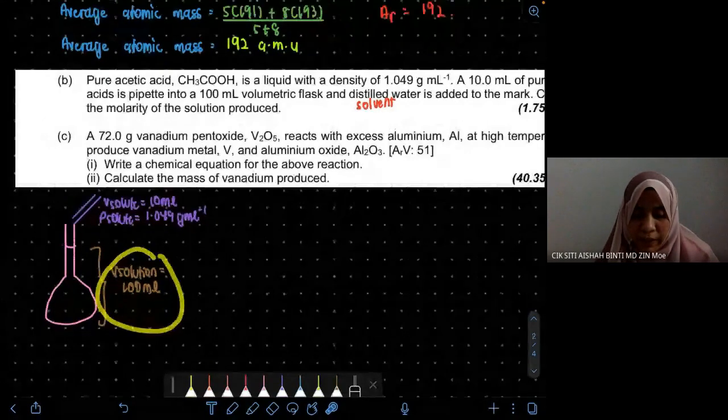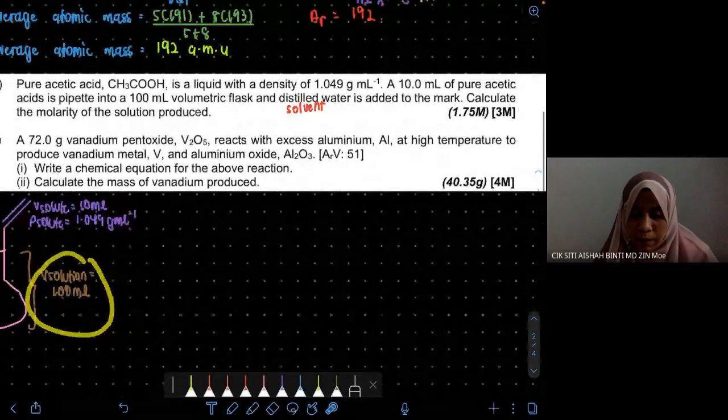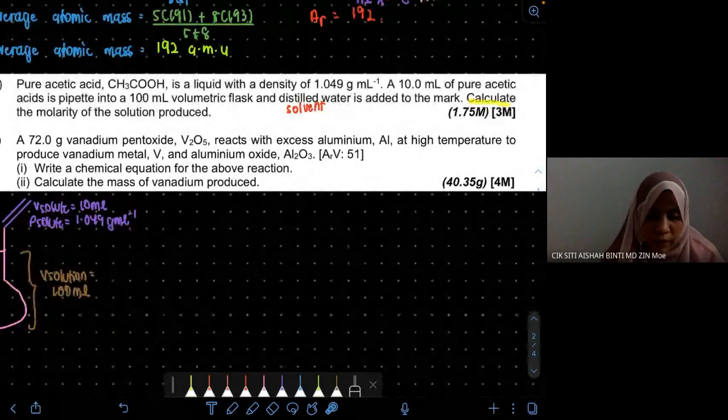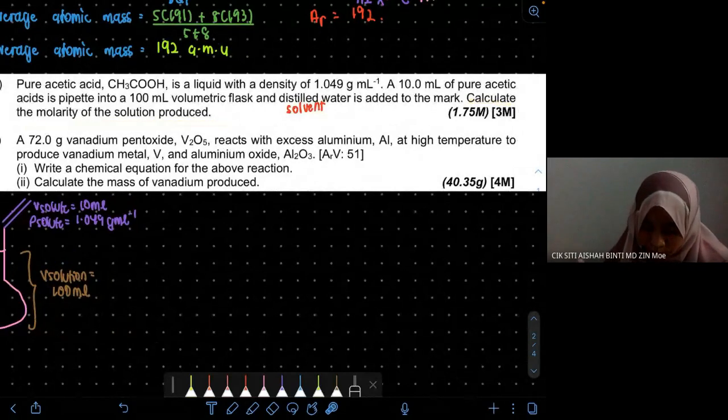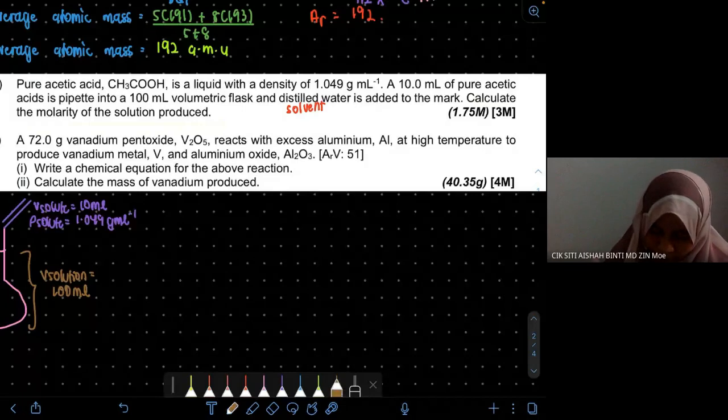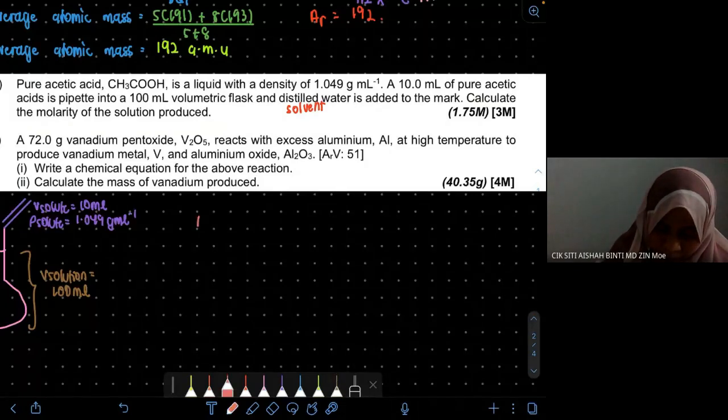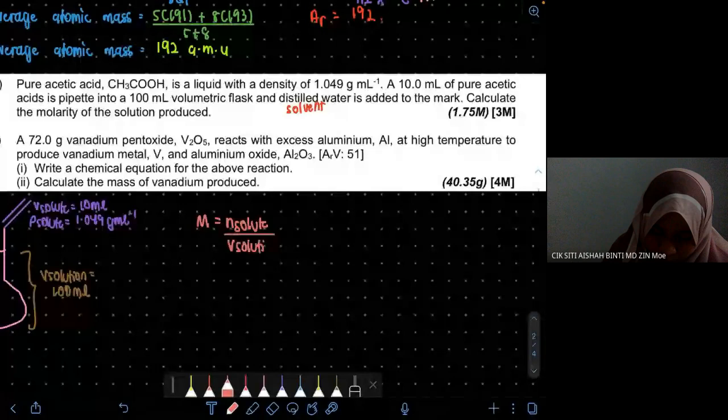Okay, so question dia is now calculate the molarity of solution produced. Okay, so first and foremost, Miss akan tulis the formula. Molarity is equal to number of mole of solute divided by volume solution. Okay.